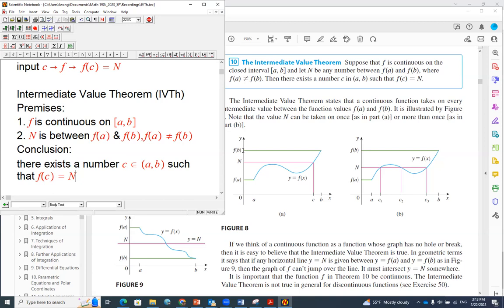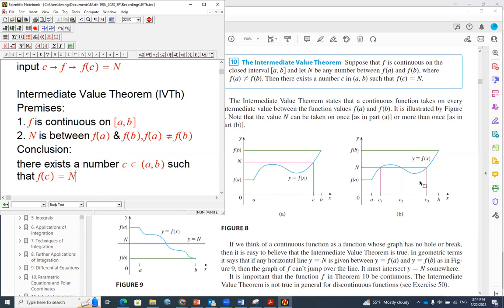Between f of A and f of B, we can choose any number arbitrarily. And you draw a horizontal line, and there will be an input C between A and B, such that f of C is equal to capital N exactly. So in this case, we have exactly one C.